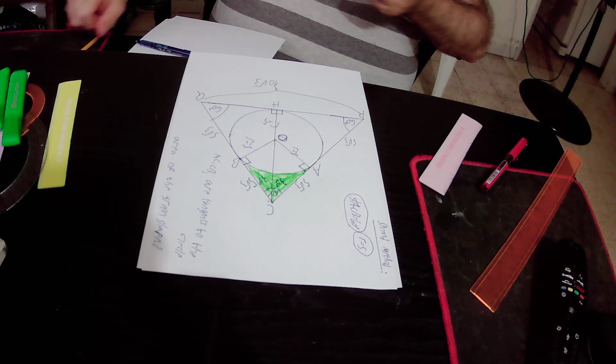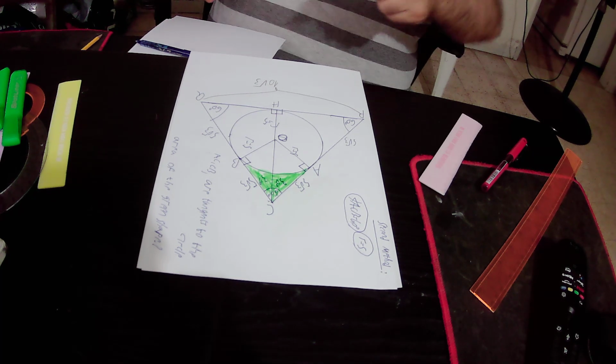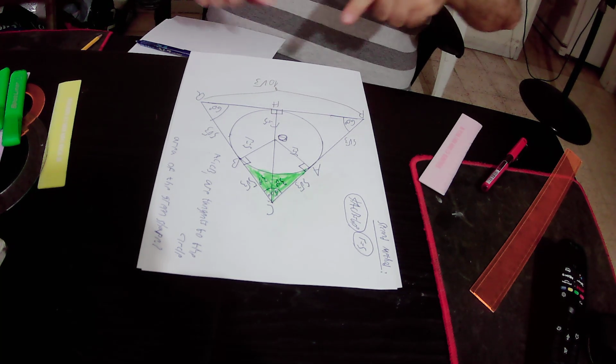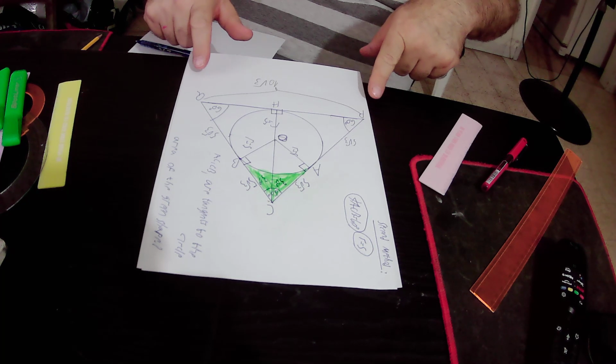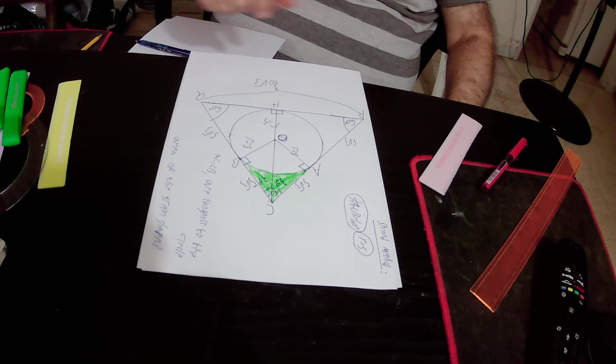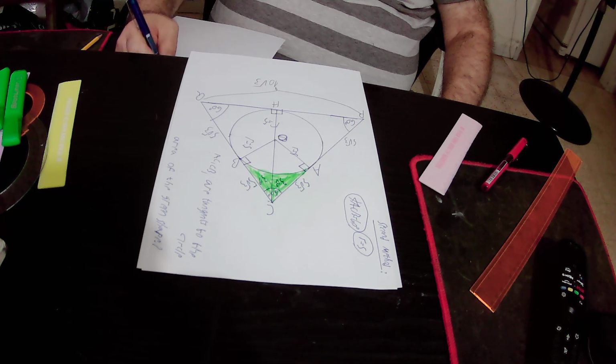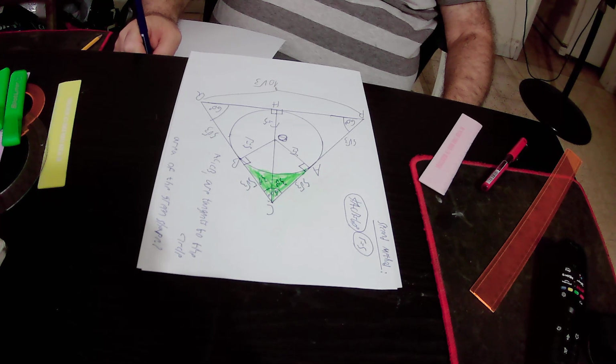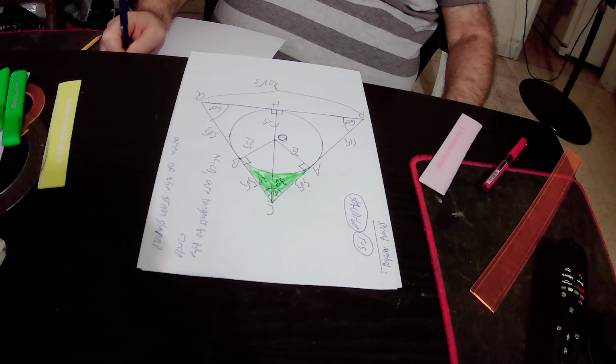And we know that according to rule number 5, the height OH divides the side PQ to two equal parts. That is to say, HQ equals to PH, again according to rule number 5.